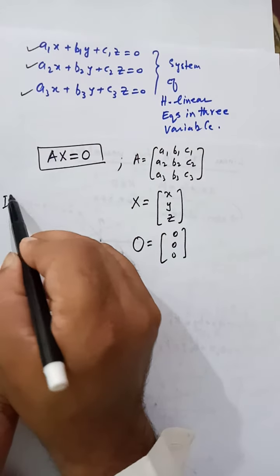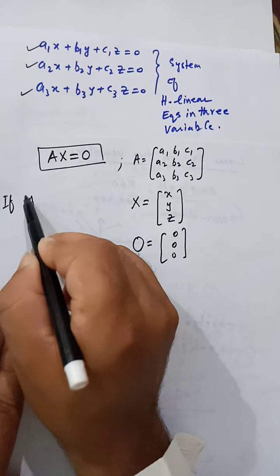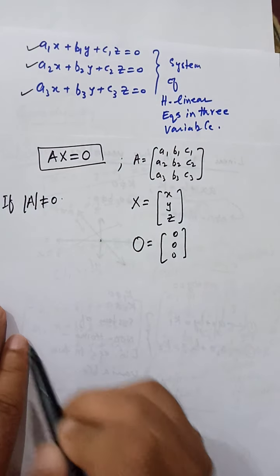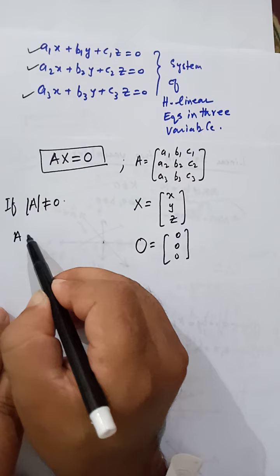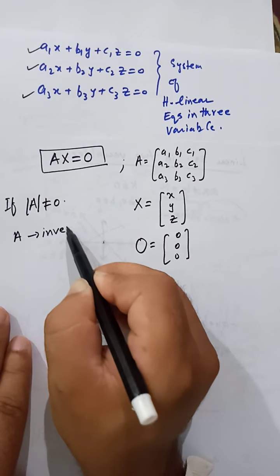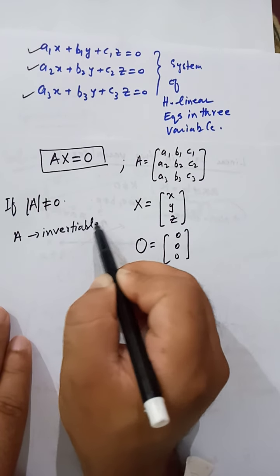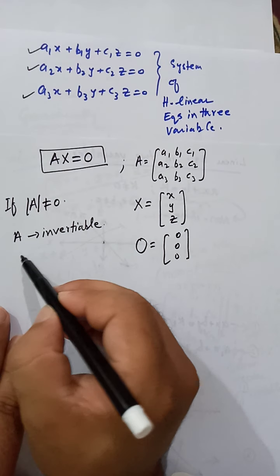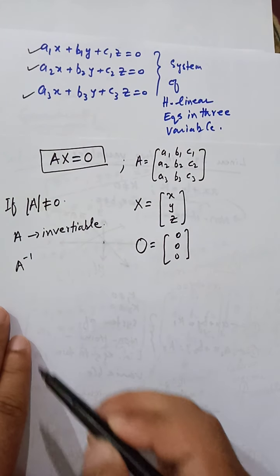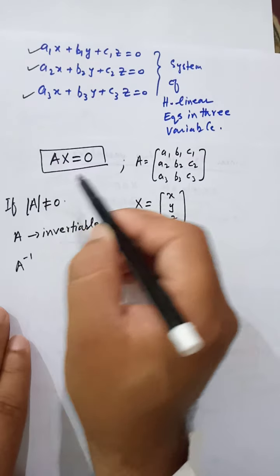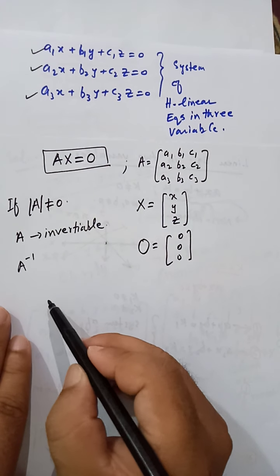This is an important point: if the determinant of A is not equal to 0, it means that A is invertible, meaning the inverse will exist. That inverse is denoted by A to the power minus 1, so I can apply it on both sides from the left hand side.